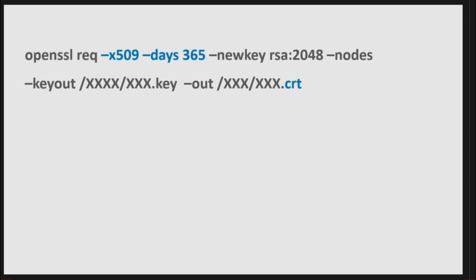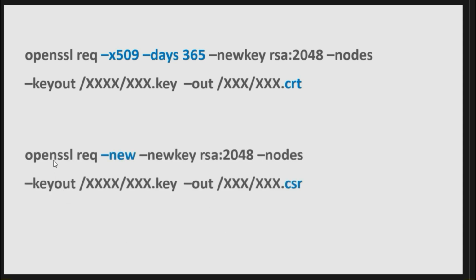In case you are going to raise a request, so that you can send this certificate request to an external authority and then generate a certificate, you will follow this method. Instead of these things, you will type -new, and then everything else remains the same. Output will be CSR.